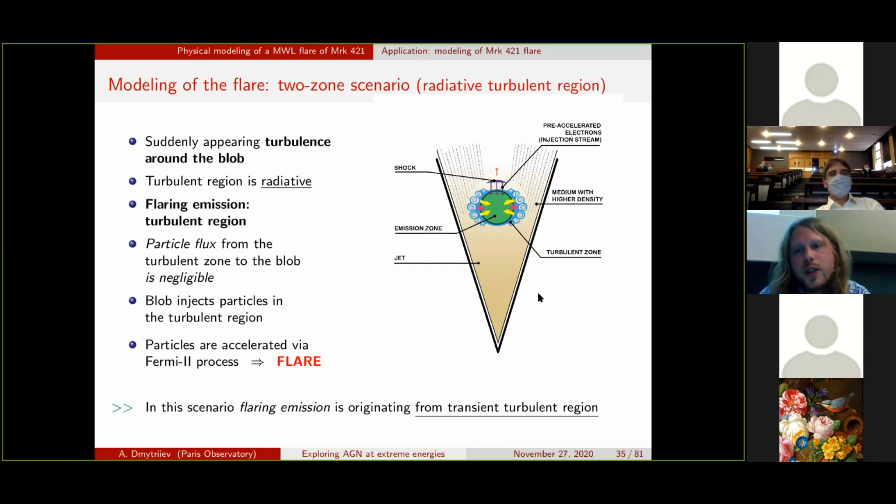So what's happening in this scenario? The particles which are escaping the emitting region, the steady blob, the pink arrows, are injected into the turbulent region, and the turbulent region is re-accelerating these particles. So you have spectral hardening and you have a flare.